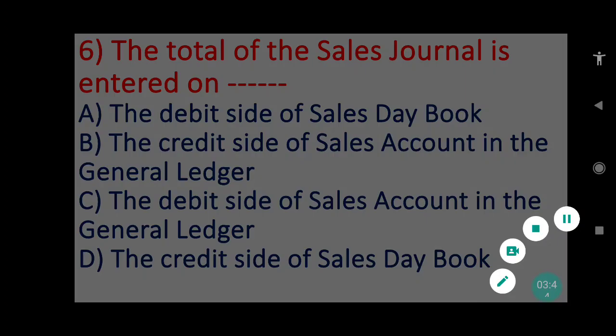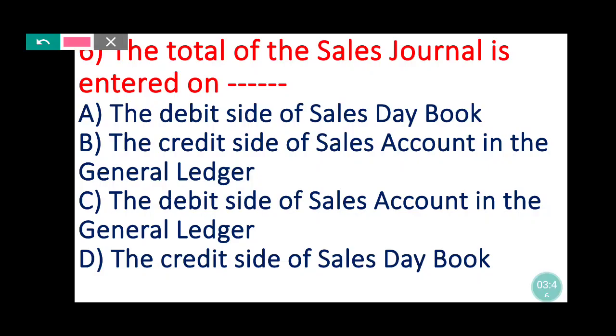Sixth one, the total of the sales journal. At the end of a specific period, the totals of the purchase day book or sales day book are transferred to some account. The total of the sales journal is entered on the credit side of the sales account in the general ledger.